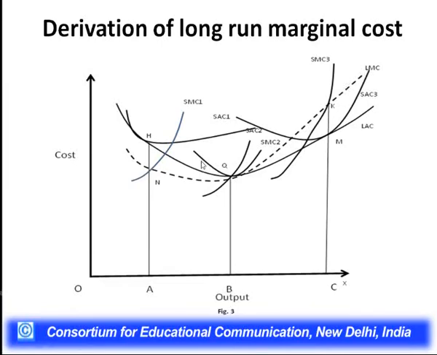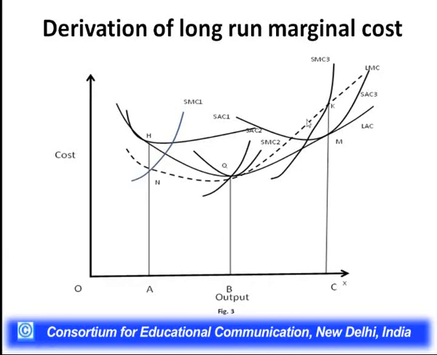So, what you see again, LMC is of U shape. Firstly, it is declining because there is better use of the variable factor, its marginal productivity is rising, and at Q it becomes minimum.